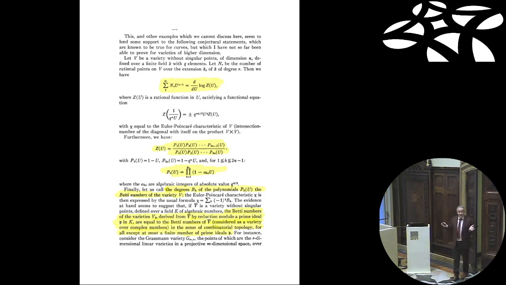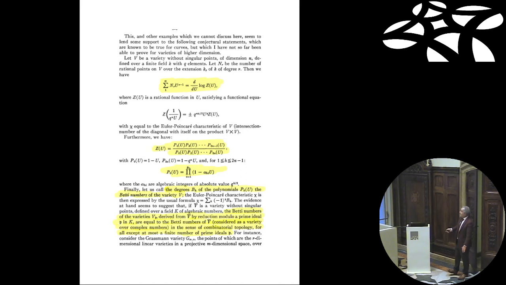I did not want to define the Betti numbers, but Betti numbers are something more refined than the Euler characteristic. The Euler characteristic is a kind of global invariant, and the Betti numbers, so to speak, describe the topology in each dimension. And the connection is that the Euler characteristic is the alternating sum of the Betti numbers.